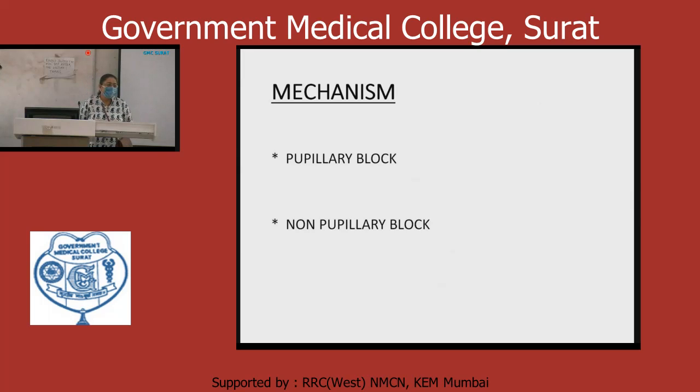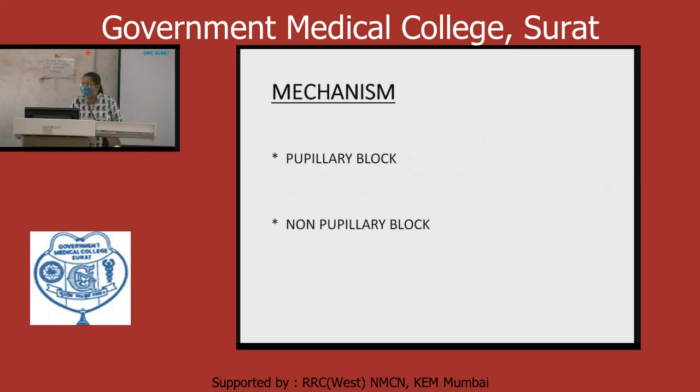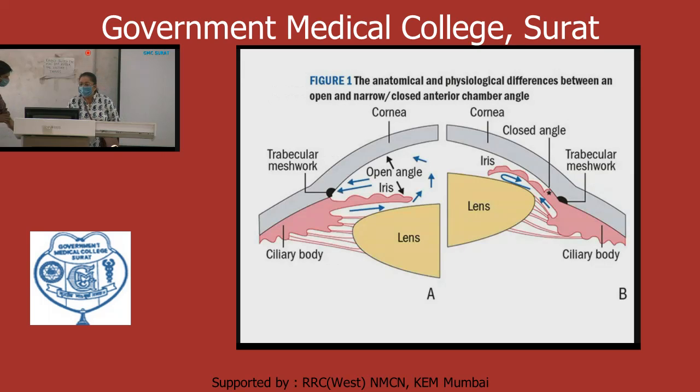In pupillary block glaucoma, how can the angle become narrow or blocked? You have to remember the figure. If the lens is larger than normal and the eye is short, then during accommodation, or if the patient is lying in the prone position in dim light, the lens comes forward.